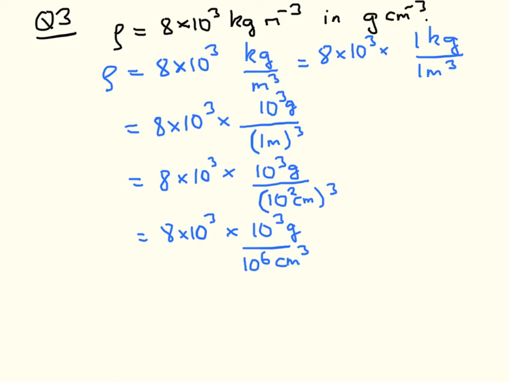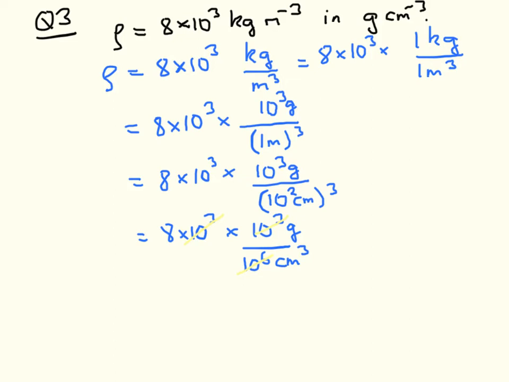So now, what we see is in the numerator, we have 10 to the 3 times 10 to the 3. That is 10 to the 6. On the bottom, we have 10 to the 6. They are all going to cancel. So that and that and that cancel.